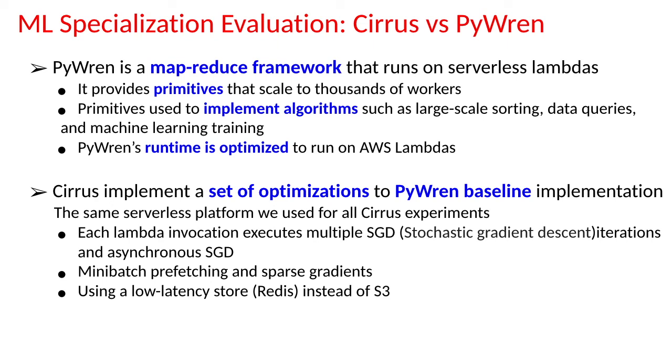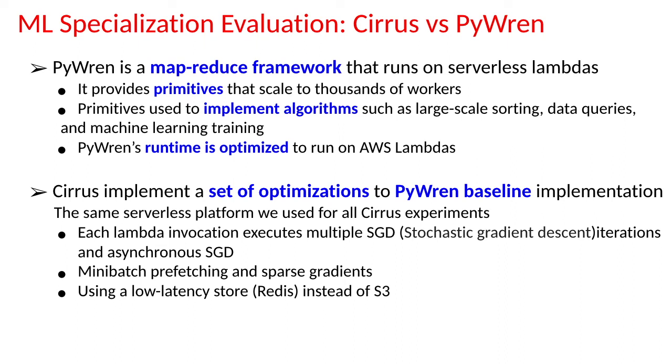To evaluate the advantages of a specialized system for ML, we compare CIRRUS against PyWren. PyWren is a MapReduce framework that runs on serverless Lambdas. It provides a primitive that scales to thousands of workers, which is used to implement algorithms such as large-scale sorting, data queries, and machine learning training. PyWren is optimized with the help of its runtime to run on AWS Lambdas.